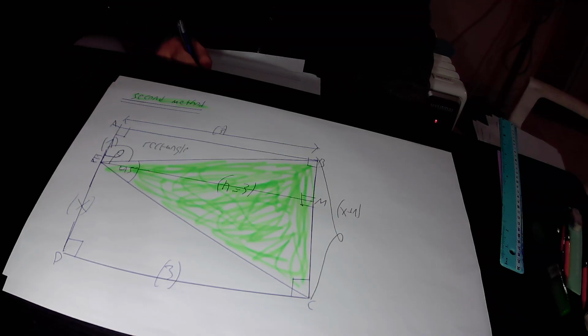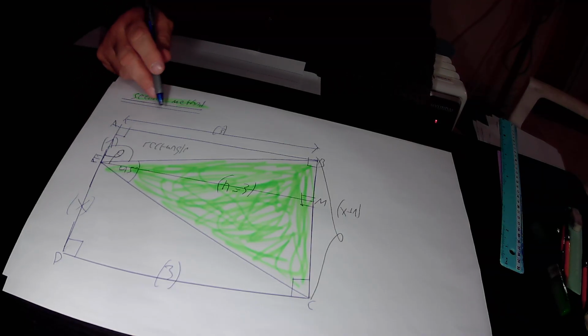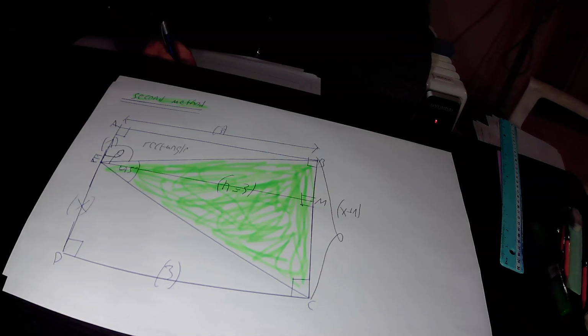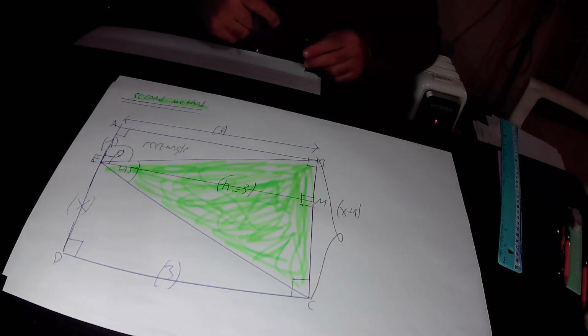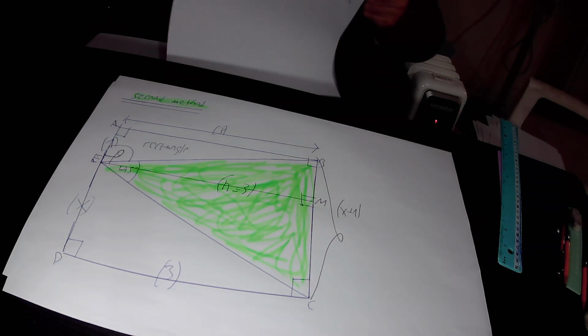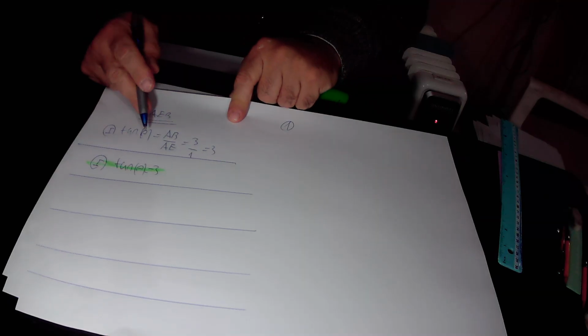AE is 1. So tangent theta equals 3 over 1, that is 3. So according to equation 1, we find that tangent theta equals 3.